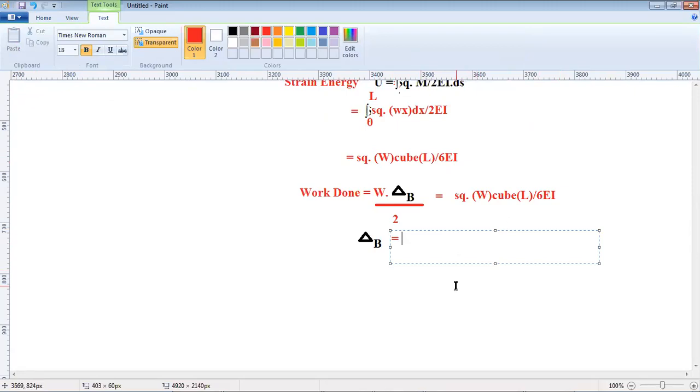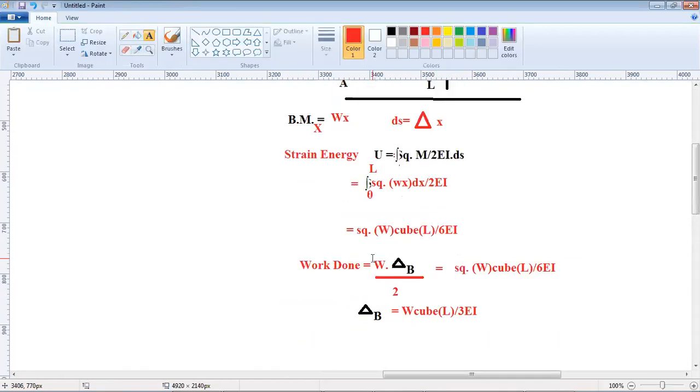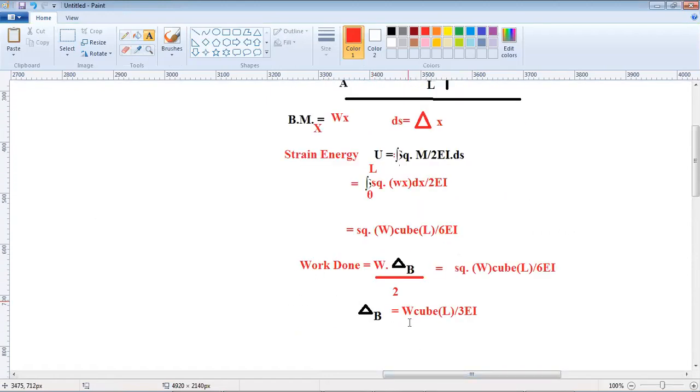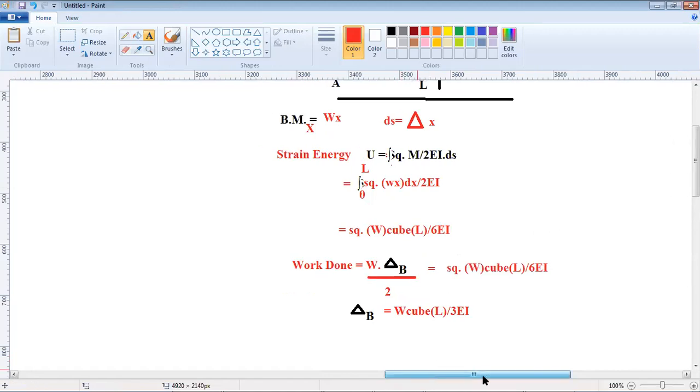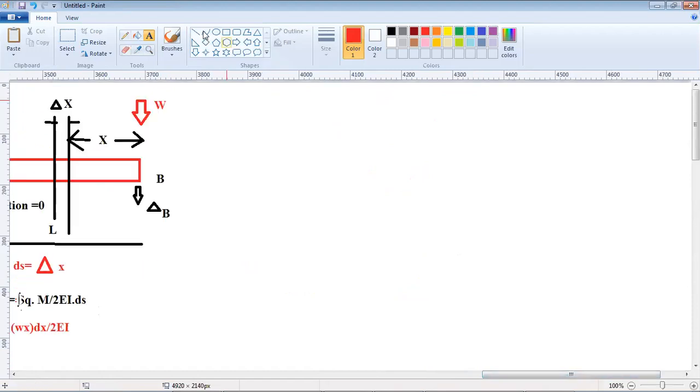It will be W into L cube divided by 3EI. That's what we are getting. So the deflection for the cantilever at this end, from the strain energy method, is W L cube by 3EI.